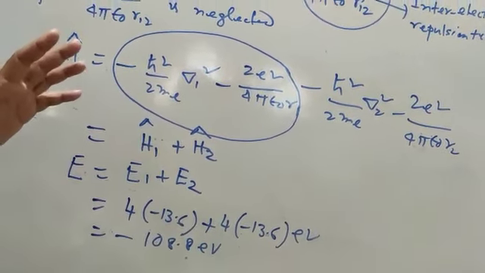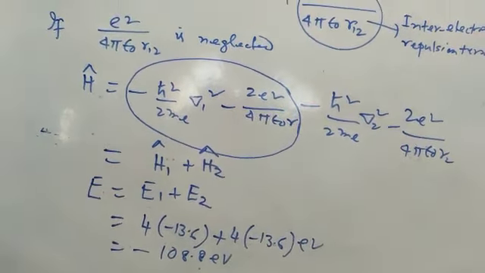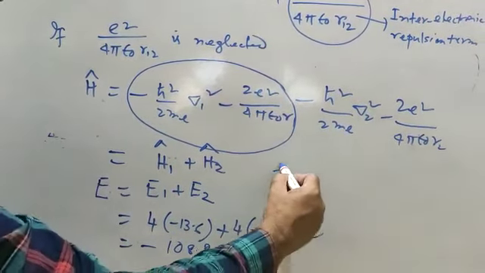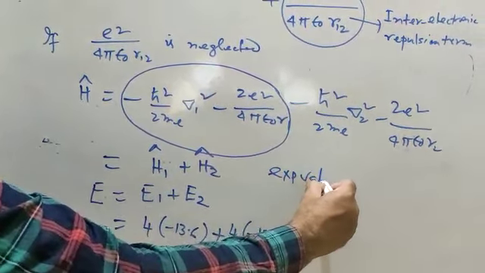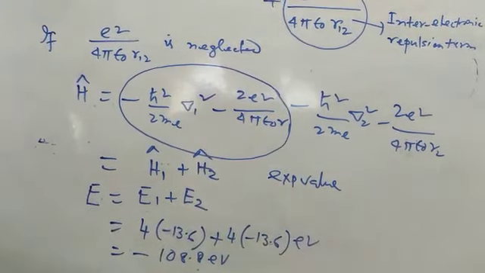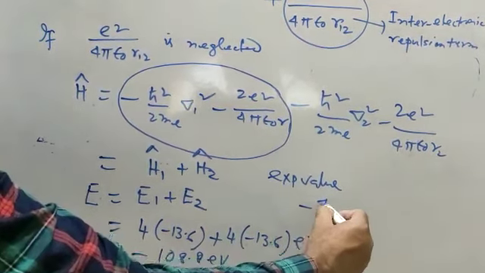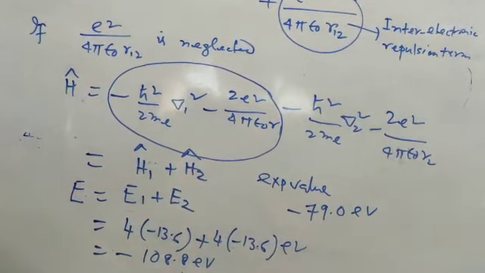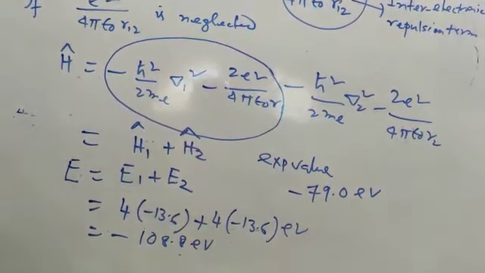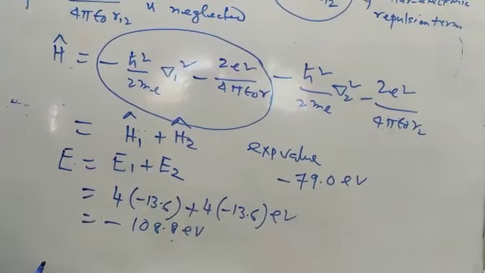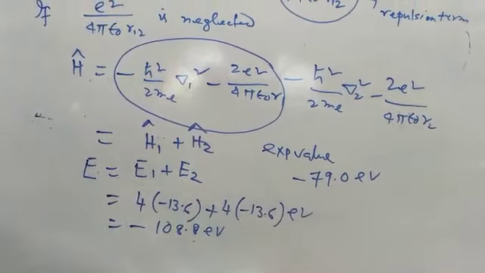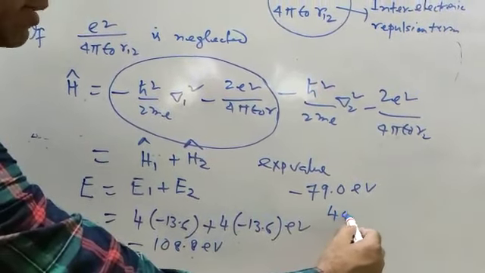But what is the experimental value? The experimental value is minus 79.0 electron volt. So the experimental value is nowhere near the estimated value. There is already almost 40% error.